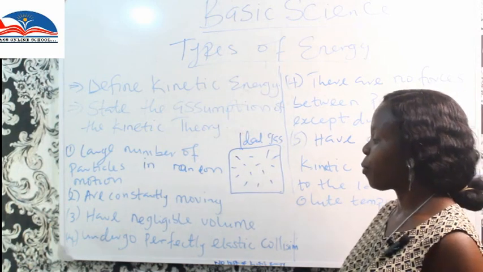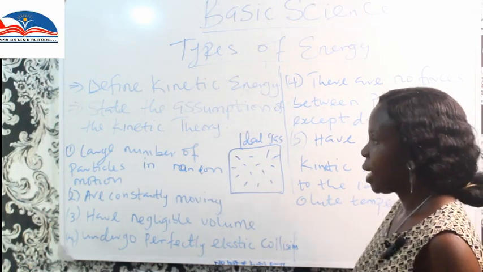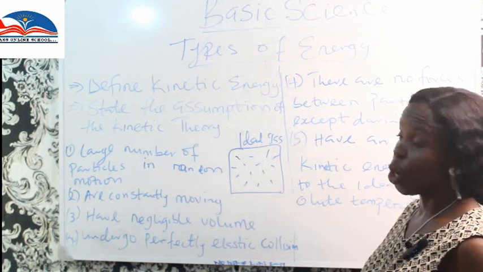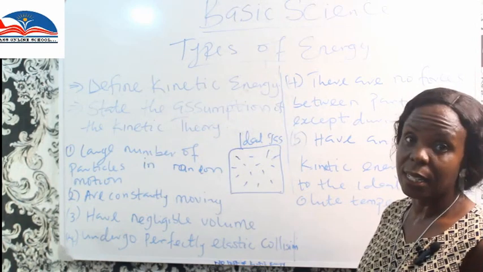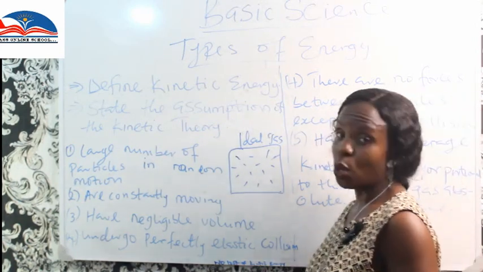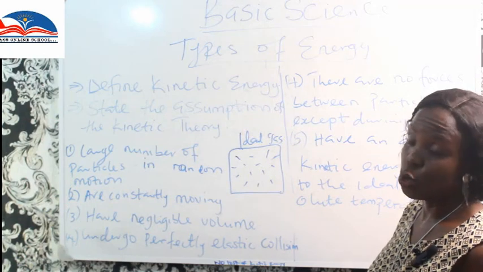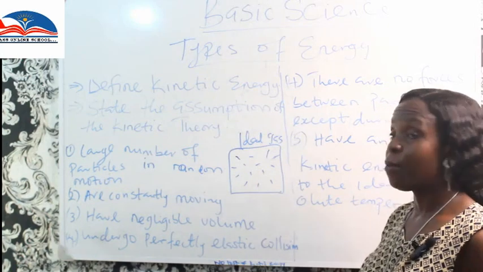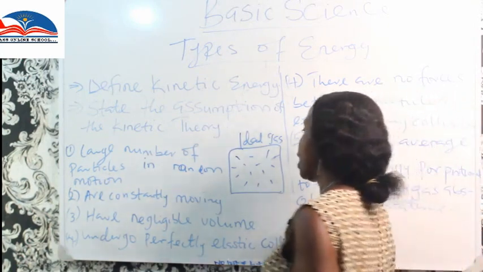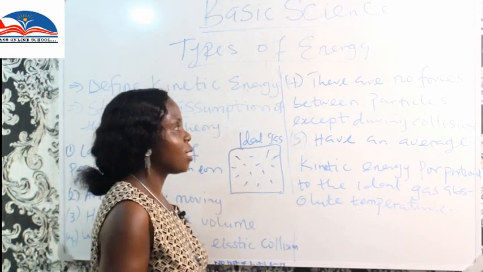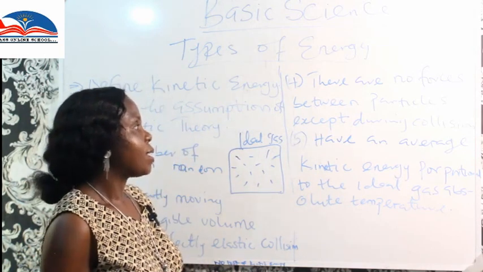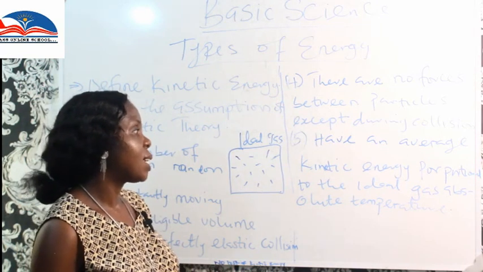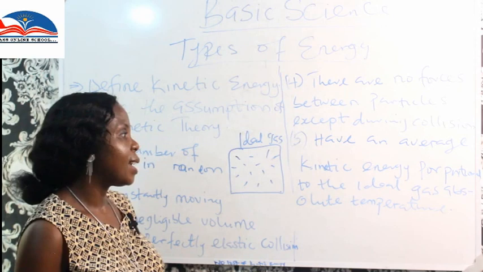Four, they undergo perfectly elastic collision, and this means that no kinetic energy is lost, and you know what kinetic energy means from our definition. And then there are no forces between particles except during collision, and they have an average kinetic energy proportional to the ideal gas absolute temperature.